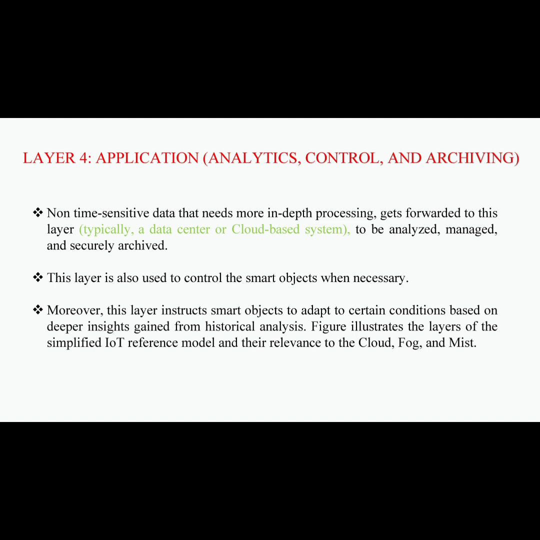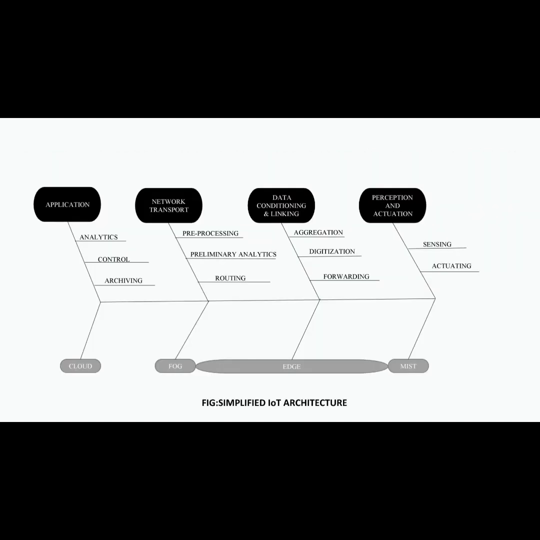Moreover, this layer instructs smart objects to adapt to certain conditions based on deeper insight gained from historic analysis. These are the layers of the simplified IoT reference model and their relevance to the cloud, fog and mist, which are illustrated in the figure.